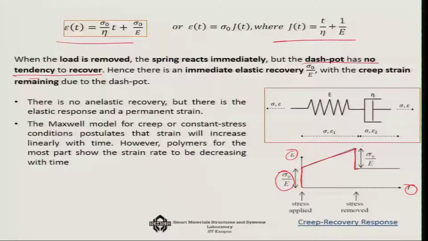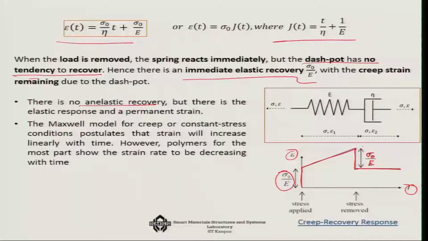That is the recovery part of it, sigma 0 over E, and then the plastic strain will continue. So, there is an immediate elastic recovery with the creep strain remaining due to the dashpot. There will be no anelastic recovery in this system, but there is only elastic response and a permanent strain.